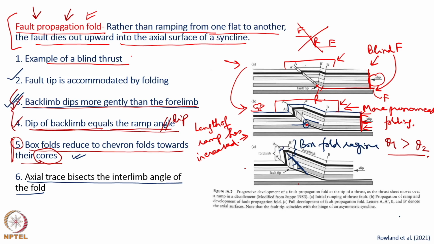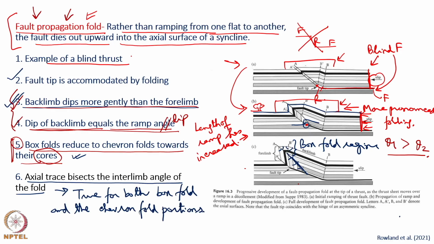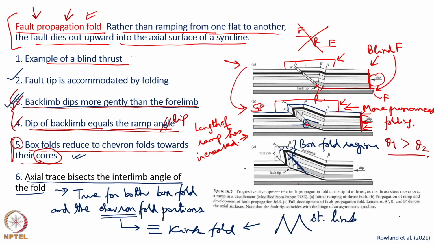These two angles are the same and these two angles are the same. So, this statement is true for the box fold portion and also for the chevron fold portion. Just want to explain the basics. Chevron fold is the same as the kink fold, that is a fold with straight limbs and sharp hinges, such as this geometry.